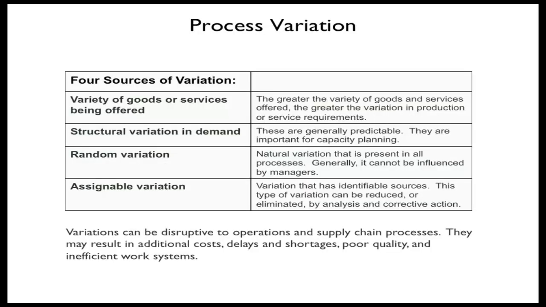Process variation. There are four sources of process variation. The first is the variety of goods or services being offered. When you have a large variety, that creates variation in your processes. If you have low variety, like a cook that's just making burgers and they only have one kind of burger, one kind of topping, the process is always the same.